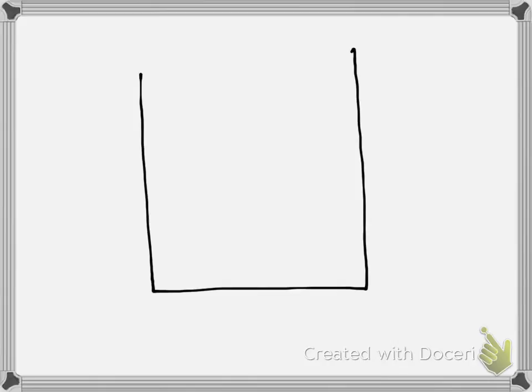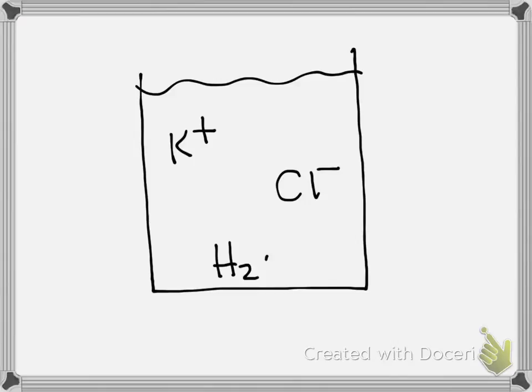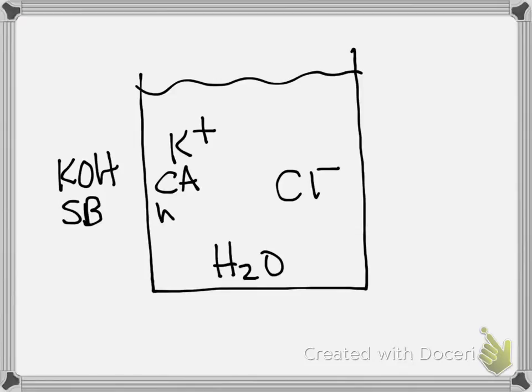All right, what about if we have something like KCl? K plus, Cl minus, H2O. Conjugate acid comes from KOH, strong base, so it's a weak conjugate acid.